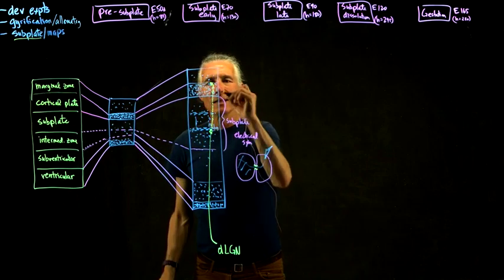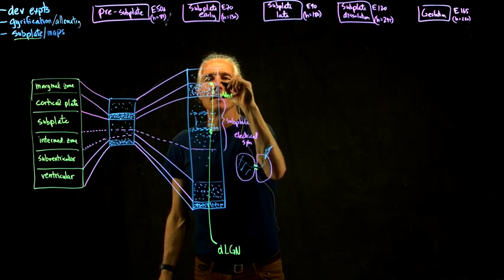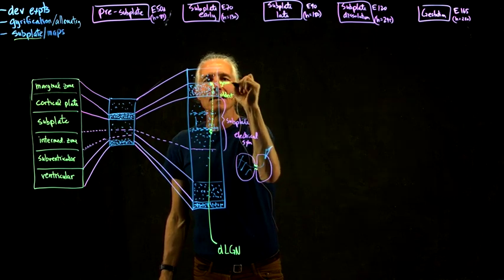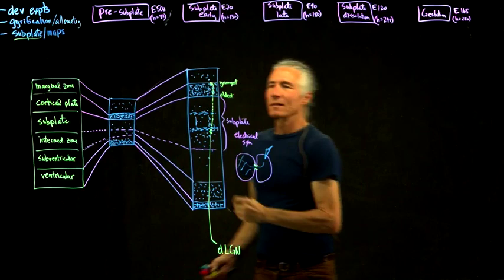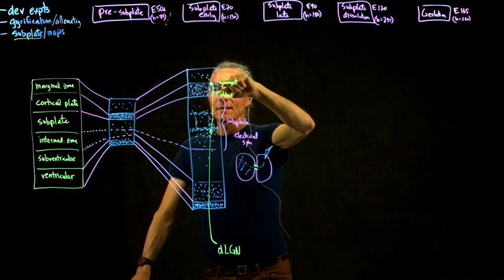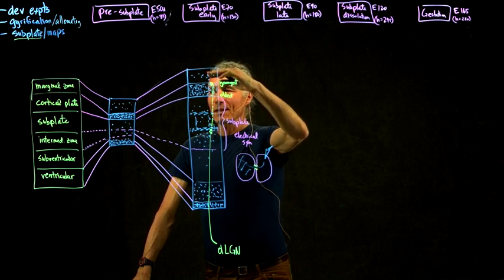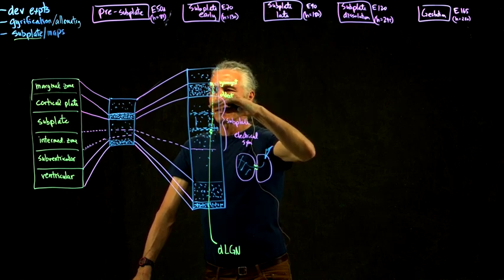And so that means that the oldest born cells are here, and here's the youngest. So the cortex is kind of inside out. The more recently birthed cells are on the top of the cortex. So the lower layers of the cortex are the oldest cells.